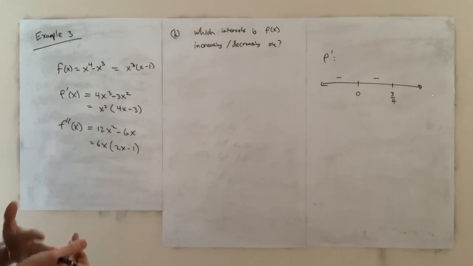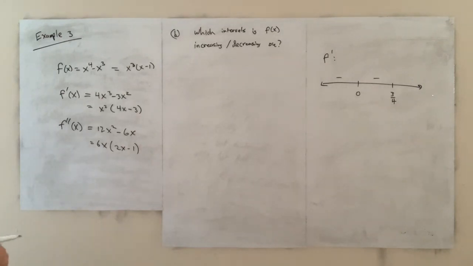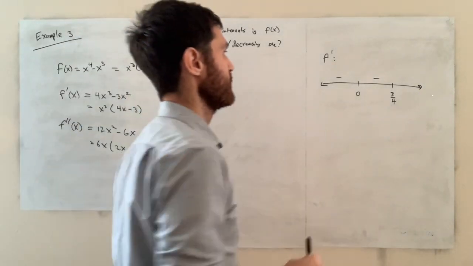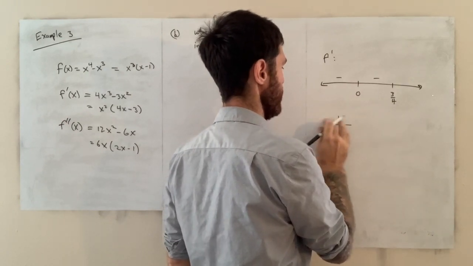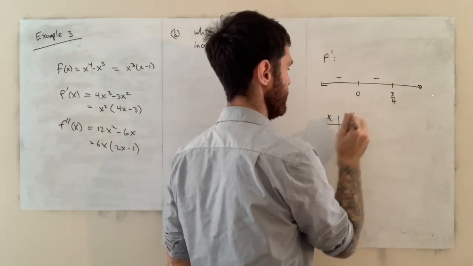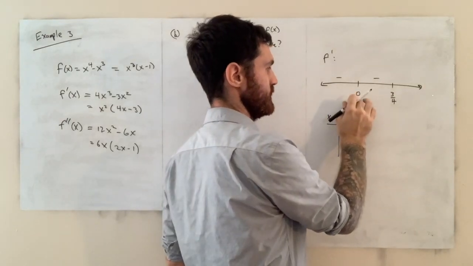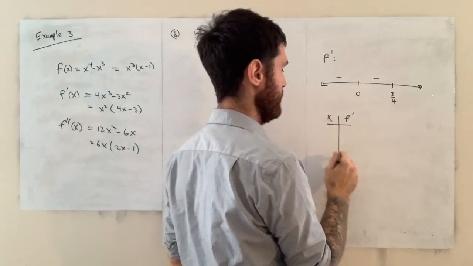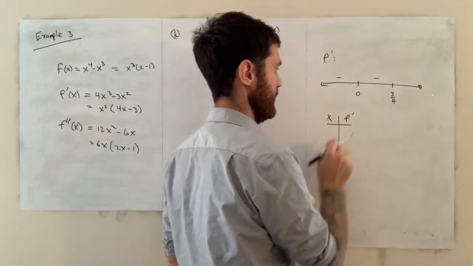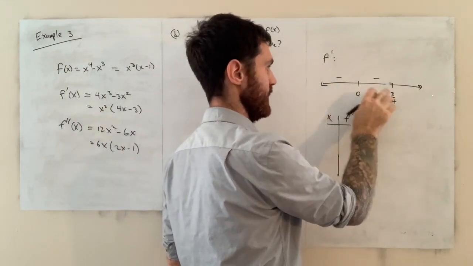Okay, so the next thing we want to know about this function is which intervals it is going to be increasing or decreasing on. And we actually already have part of this information. If we started to apply the first derivative test, we used it to determine that 0 is not a local maximum or local minimum. It's that third case where there's no change.